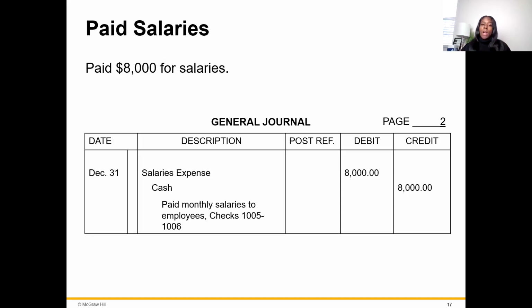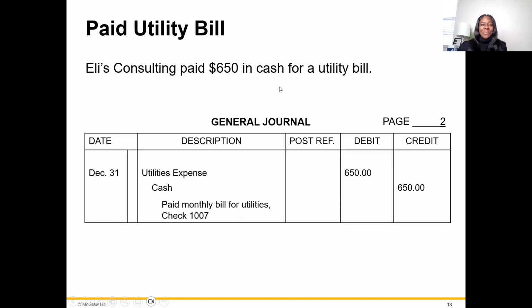So that's why our salaries expense is a debit, and then our cash is decreasing. And we know that assets decrease on the credit side. We pay a utility bill in cash, so this account is utilities expense, increasing 650 debit, cash decreasing 650 credit.